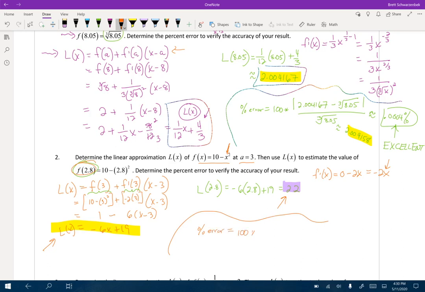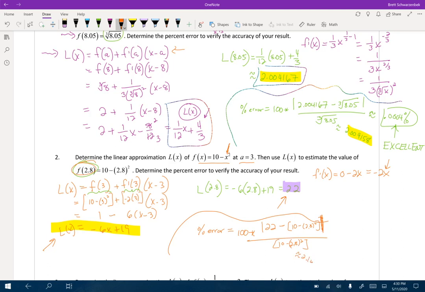We're going to do our linear approximation first, which is 2.2, and then we're going to subtract whatever 10 minus 2.8 squared is, all over 10 minus 2.8 squared. Okay? If we want to put that in brackets, that's fine. It doesn't really matter. Now note, this value actually ends up being approximately 2.16.